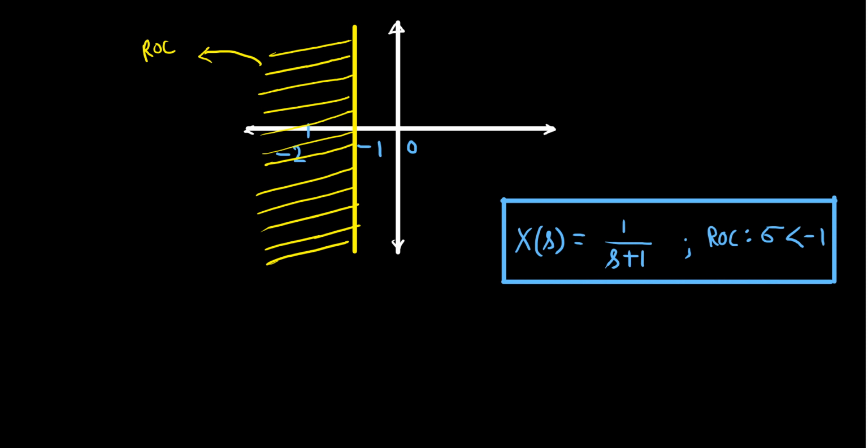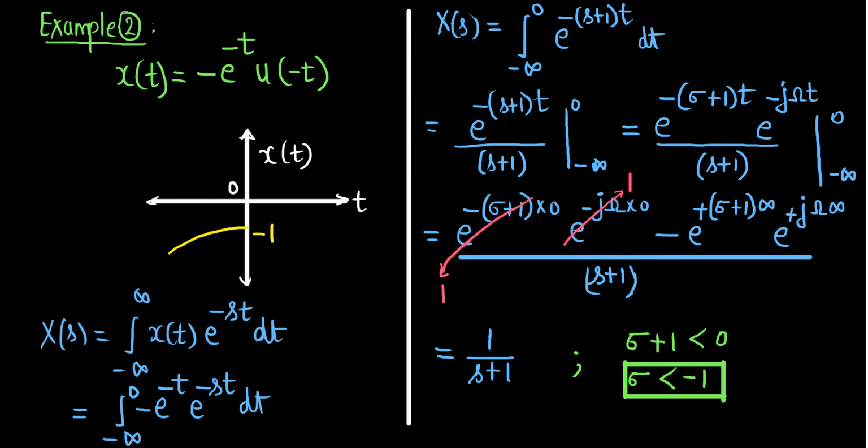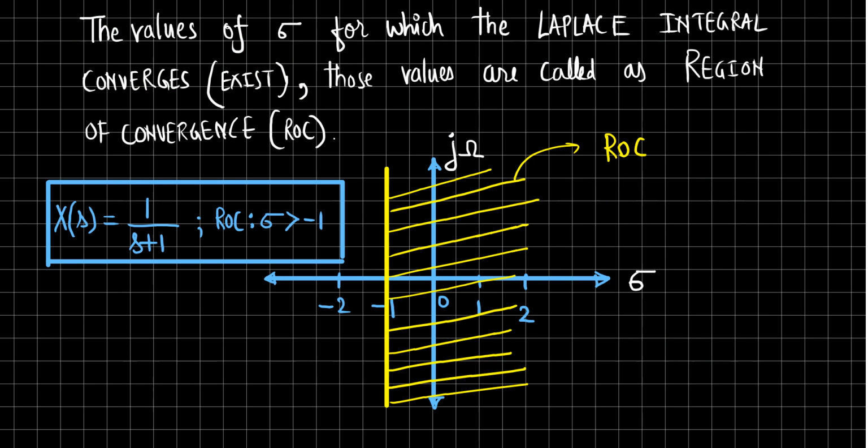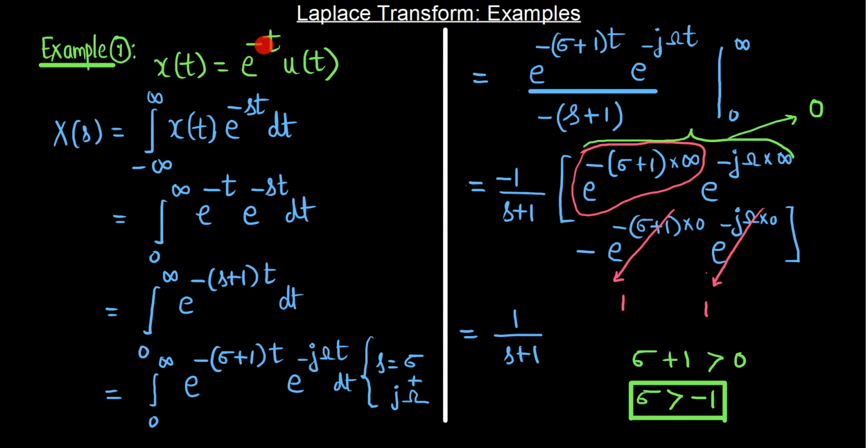Now compare both signals. The first signal that we have seen was e power minus t u of t. I didn't draw the visualization. If I try to plot, this signal looks something like this. So this is x of t.